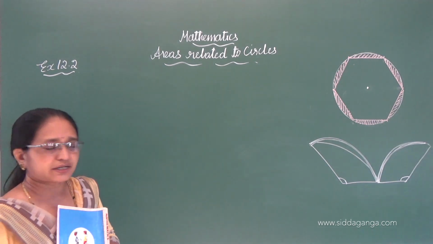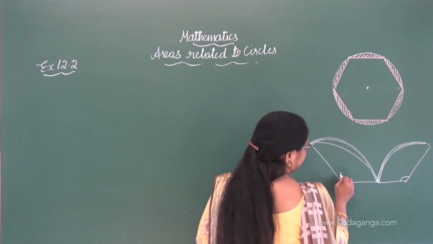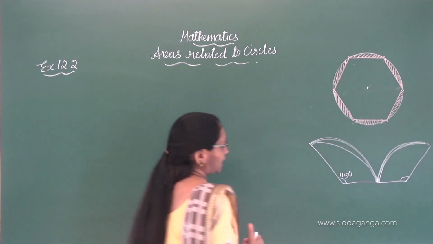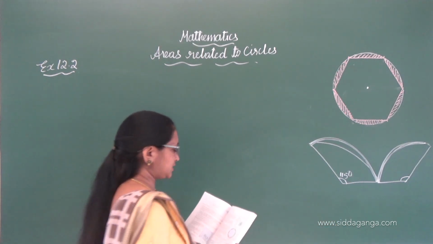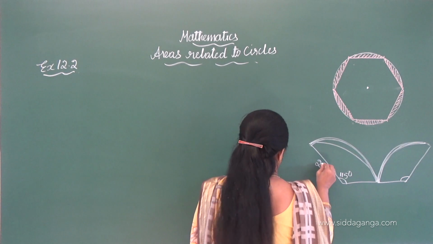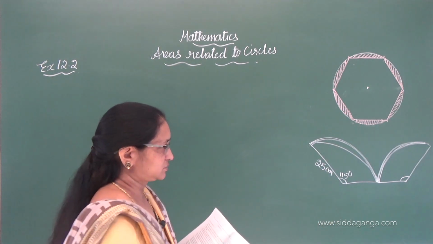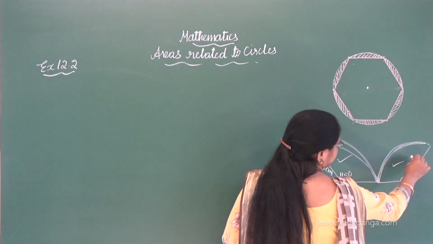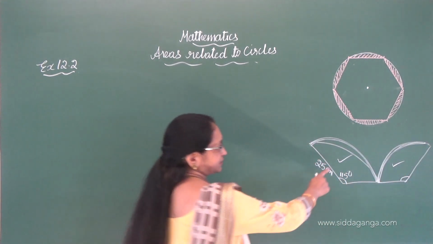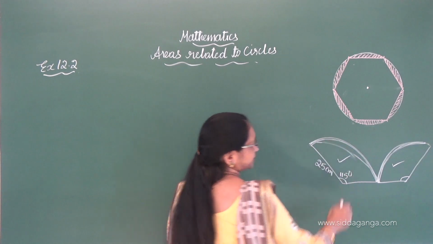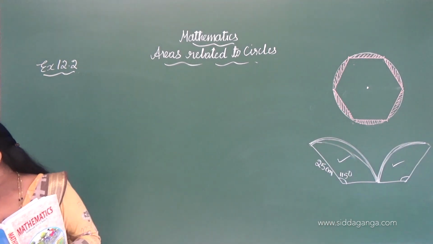just imagine this, and see, here they have given 115 degree and the length of the blade they have given as 25 centimeter and 2 blades. So you have to find out the area of this sector and also this sector. Okay, I hope you understood the problem.